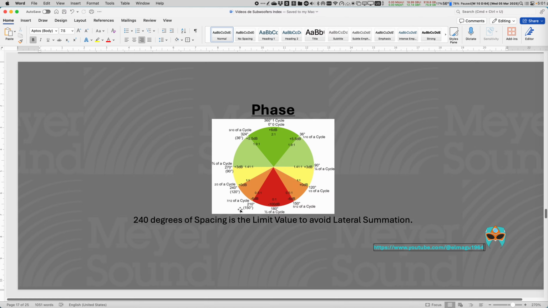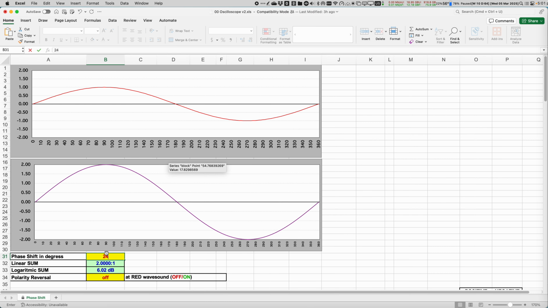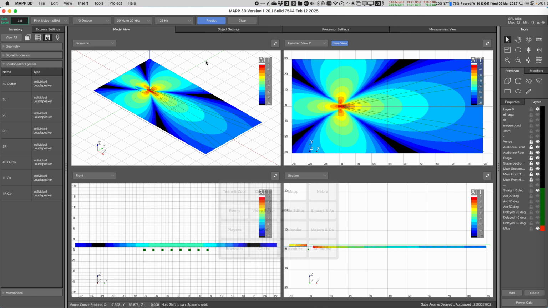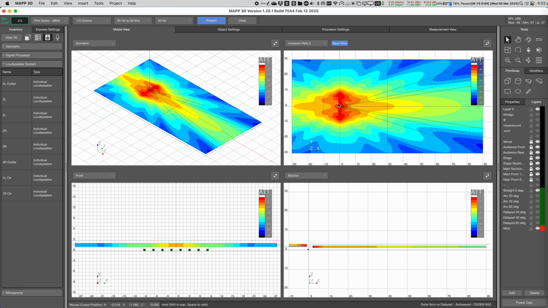It's something that can be understood here, but also if I do 240 here, that will not allow more than the level of a single speaker. So if we play all speakers together, let's say at 63 Hz, you can see there is no lateral sound.